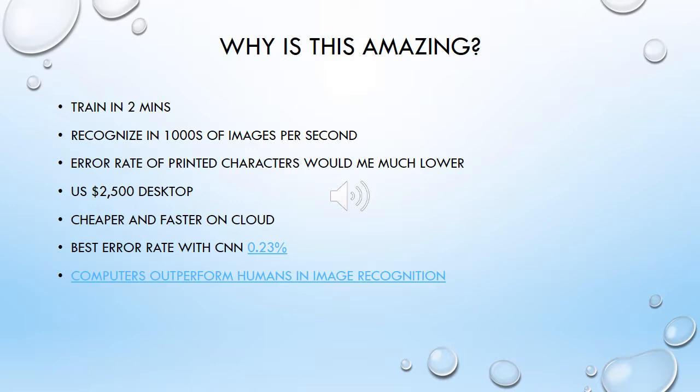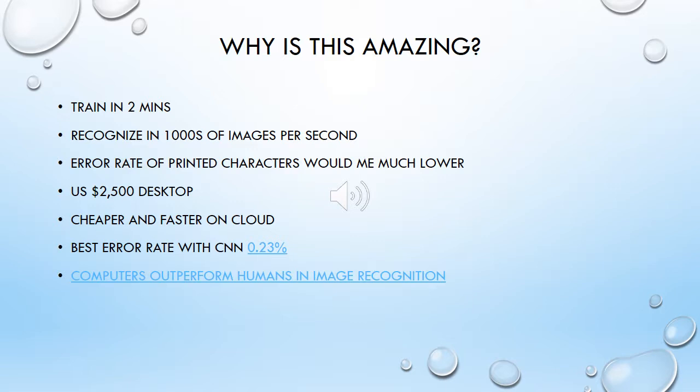The other thing is when this is recognizing images, it can recognize thousands of images per second, which is an order of magnitude faster than any human can recognize images. And also, if you're looking at printed characters, you're going to get much better accuracy than handwritten characters, which is the case in many practical applications, whether you're scanning a document or a bill.